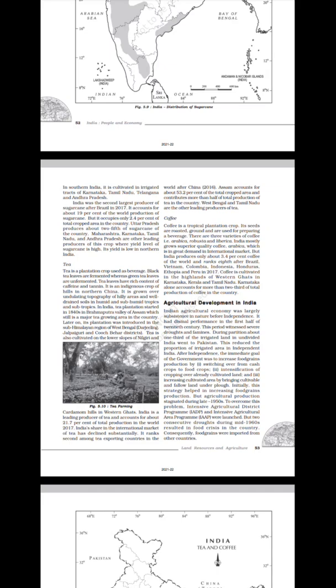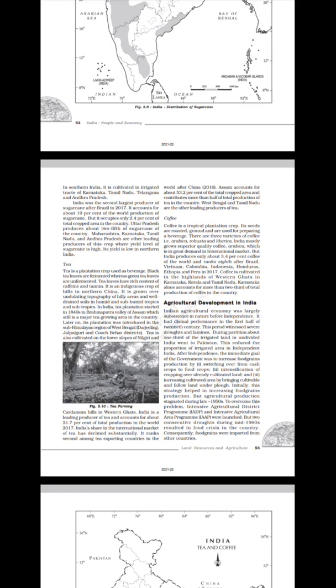After independence, the immediate goal of the government was to increase food grains production by switching over from cash crops to food crops, intensification of cropping over already cultivated land, and increasing cultivated area by bringing cultivable and fallow land under the plough. Initially, this strategy helped in increasing food grains production, but agriculture production stagnated during the late 1950s.